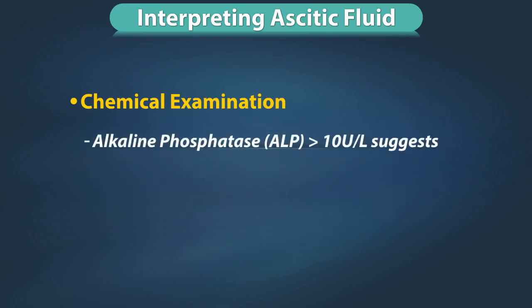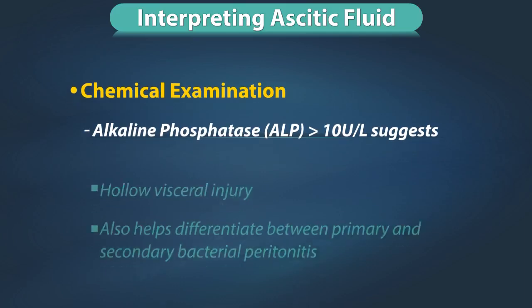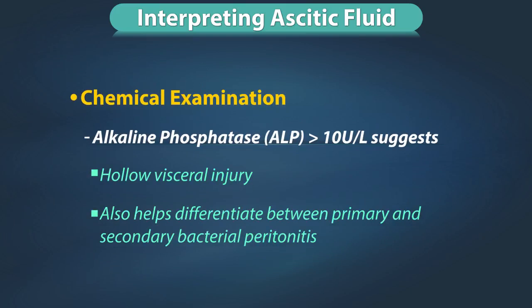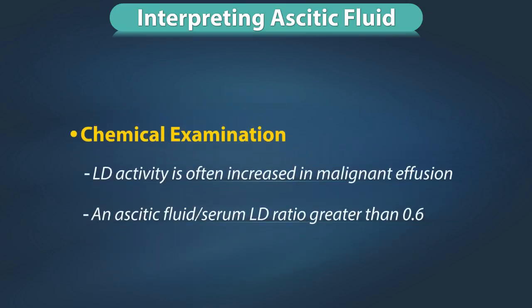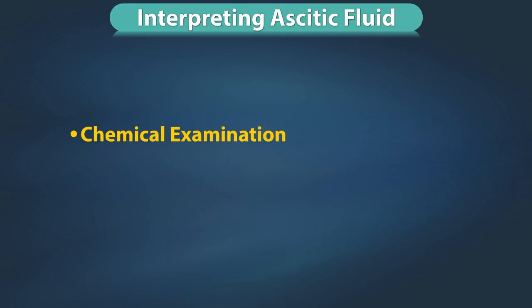Alkaline phosphatase greater than 10 units per liter is useful in predicting hollow visceral injury, and also helps differentiate between primary and secondary bacterial peritonitis. Lactate dehydrogenase activity is often increased in malignant effusion, with an ascitic fluid to serum lactate dehydrogenase ratio greater than 0.6.